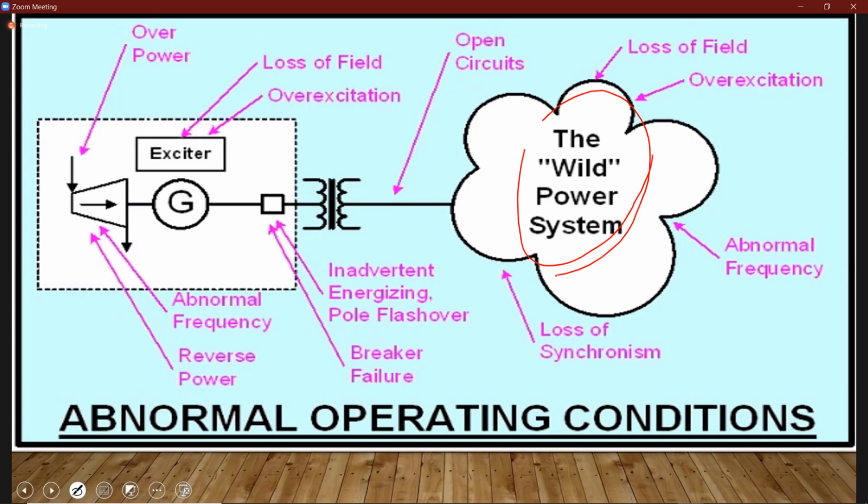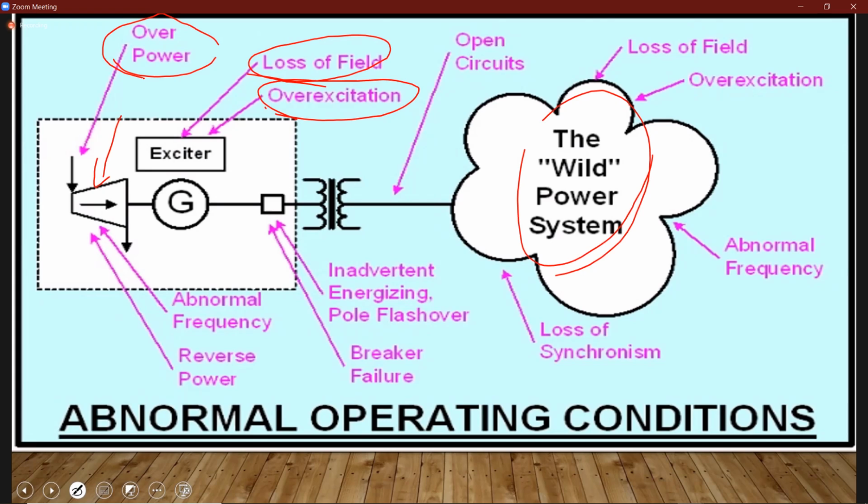There are several things that can happen. I mean, we're dealing with synchronous machines. And so we recognize that you need your field, and that field can be lost. All right? You can have overexcitation, which means that it's going to impact your voltage. On the back end, we have our turbine here, yeah? And in terms of it being your prime mover, it may get to a point where it is driving the generator beyond what it should, yes?